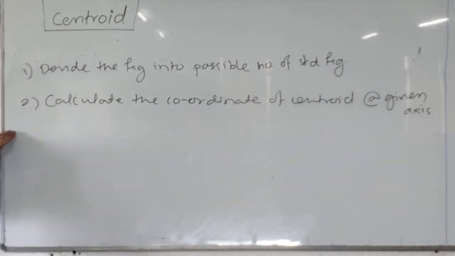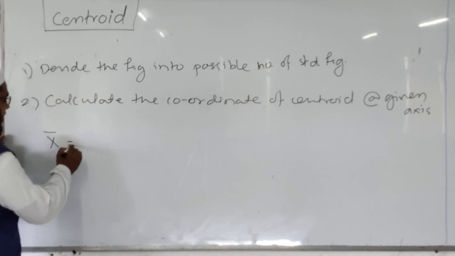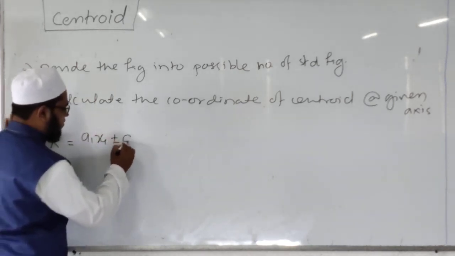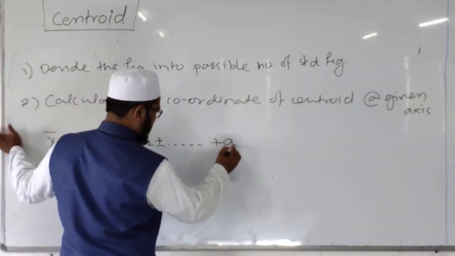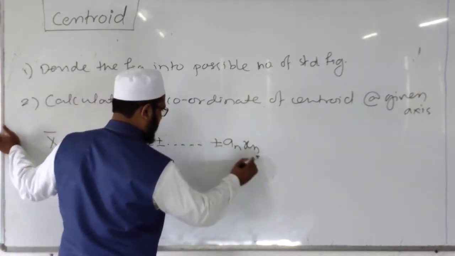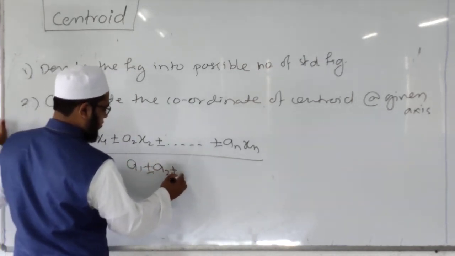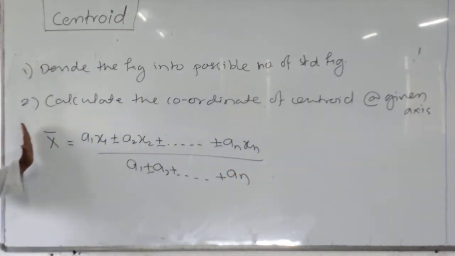After this calculation, we will use the formula for calculation of the centroid: x bar equals a1 x1 plus or minus a2 x2 plus or minus an xn, divided by a1 plus or minus a2 up to an. This will give you the centroid of the irregular figure.